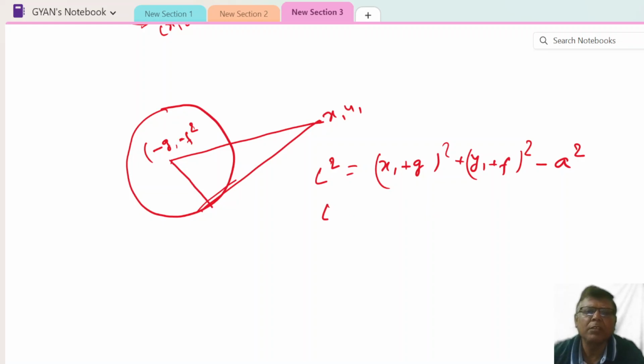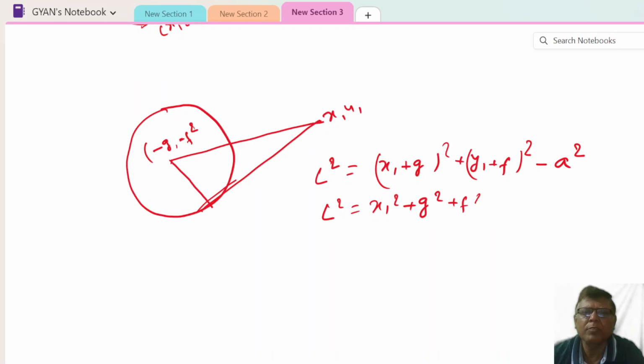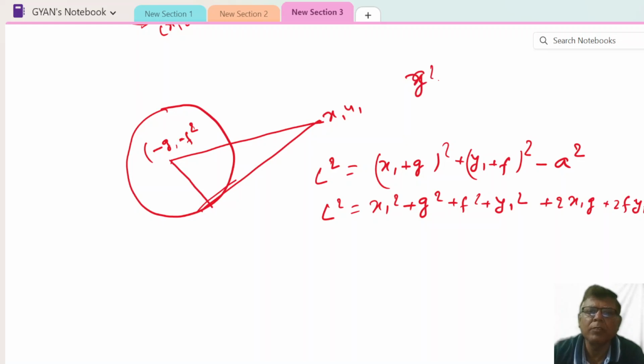So L square is equal to x1 square plus g square plus f square plus y1 square plus 2g x1 plus 2f y1 minus a square. And since g square plus f square minus c is equal to a square, so c is equal to g square plus f square minus a square.